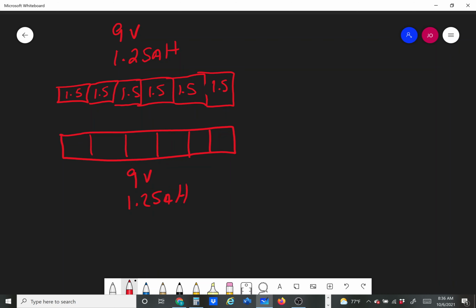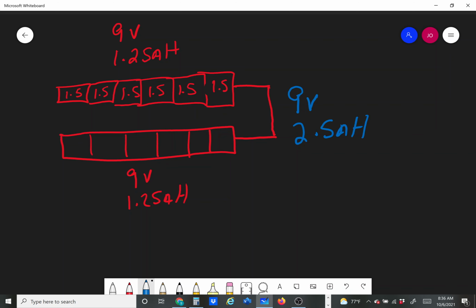And when I hook these together, so this 9 volt voltage source and this 9 volt voltage source, it's each good for 1.25 amp hours, and I plug those together, because my 2 voltages are in parallel, they're going to be the same. I now have a 9 volt, and since my currents are in parallel, they add together. I now have a 9 volt, 2.5 amp hour source.